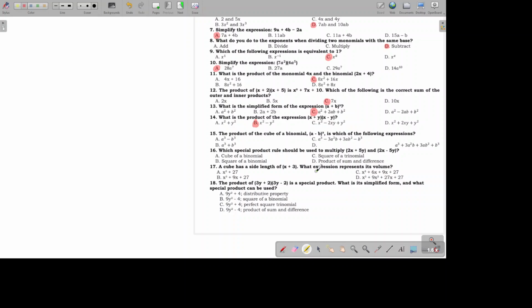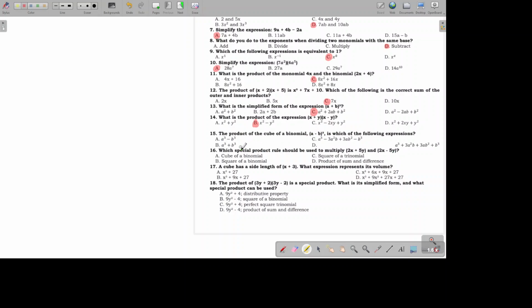Number 15. The product of the cube of a binomial a minus b cubed is which of the following expressions? Okay, so letter D was distorted, but let's just ignore that for now. Okay, a minus b quantity cubed. So this is a special product given by the cube of the first term, so a cubed.